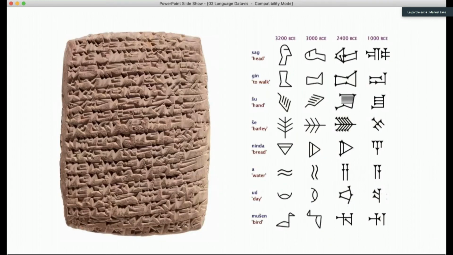And then over time, some of these clay tokens emerged into what's known today as the first known human alphabet, which is the Sumerian cuneiform. And you can even see here how some of these early pictorial representations slowly evolve into that cuneiform alphabet on the right hand side of your screen.